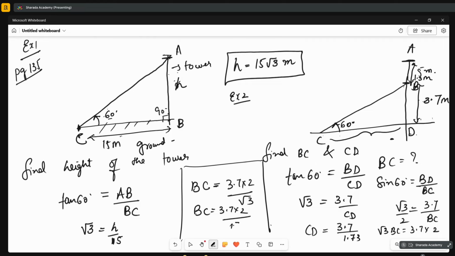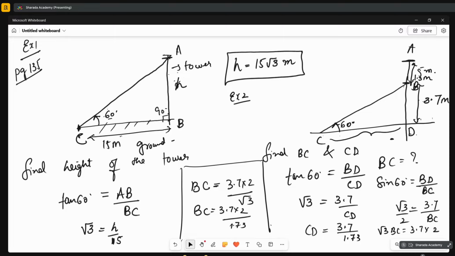You can also take cos and you will get the same thing. Here also, 3.7 into 2 by 1.73, same thing.